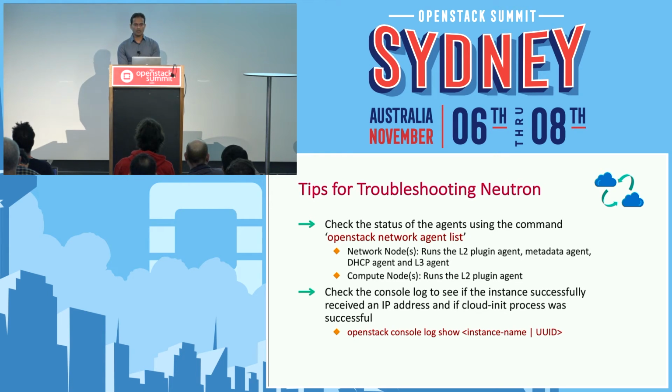You can provide the instance name or UUID, and it will show you whether the instance received an IP address via DHCP, and whether the cloud-init process, which is responsible for configuring the instance at runtime as it's booting up, was successful. Did it get the SSH keys correctly from the metadata server? You can see all of that from this console log, and then you can infer whether those pieces are working fine or not.